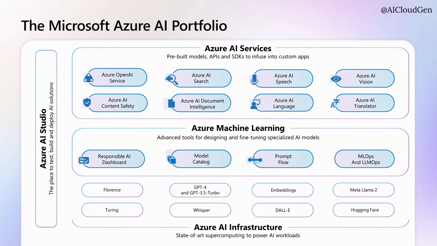Azure AI Content Safety. This is a pre-built AI model, and as the name says, a lot of organizations these days, when I talk to them, are reluctant to use this technology. Mainly they are worried about what if the user puts in a prompt that has malicious content, or what if a response we get from the OpenAI models has malicious content coming back.